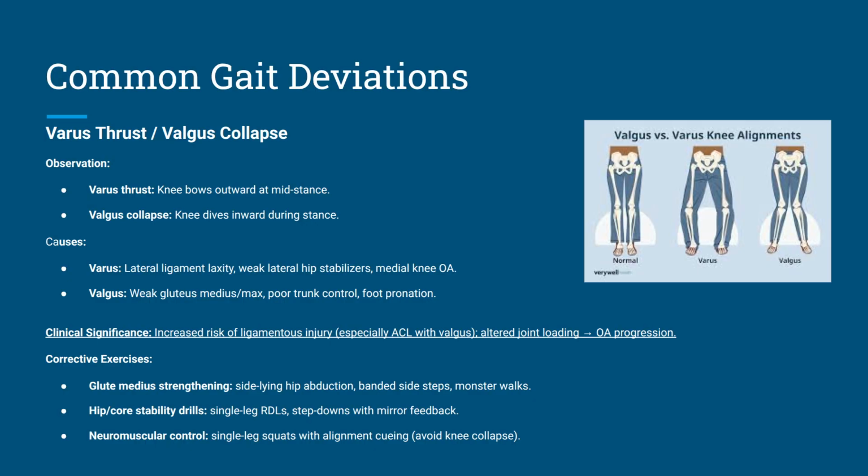All right, a varus thrust and a valgus collapse. These deviations are critical because they're strongly linked to injury risk and OA progression.